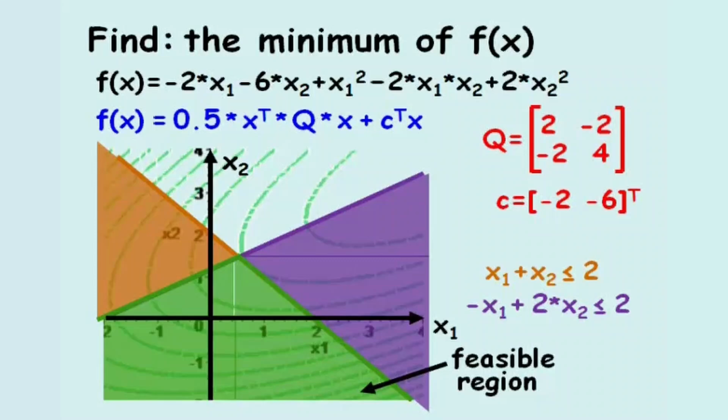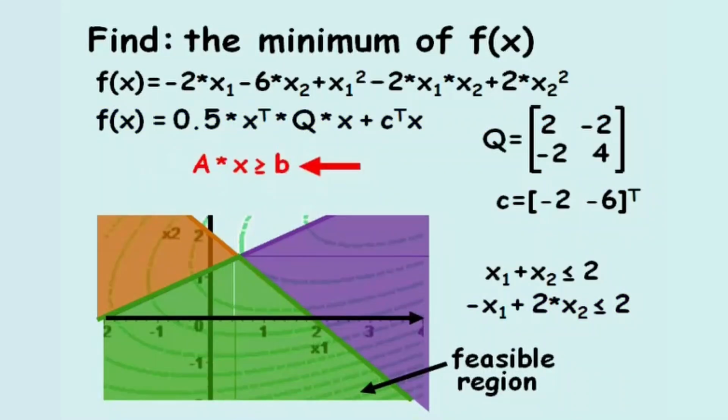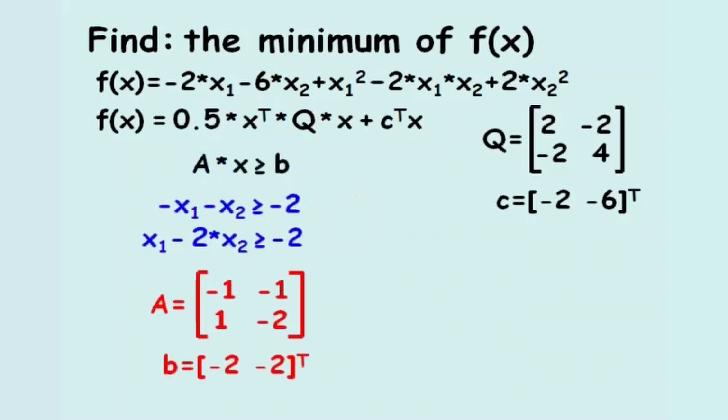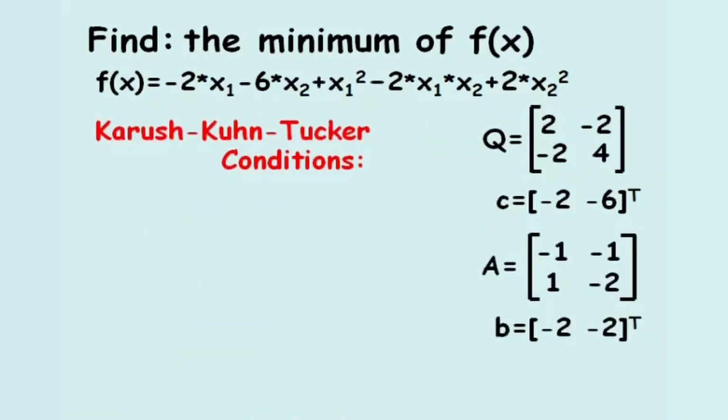If we define a constraint set, Ax is at least b, then, looking at our constraints, our values for A and b become -1, -1, 1, -2 for A, and -2, -2 for b. Next, we'll introduce the Karush-Kuhn-Tucker conditions for optimality in a nonlinear optimization problem.